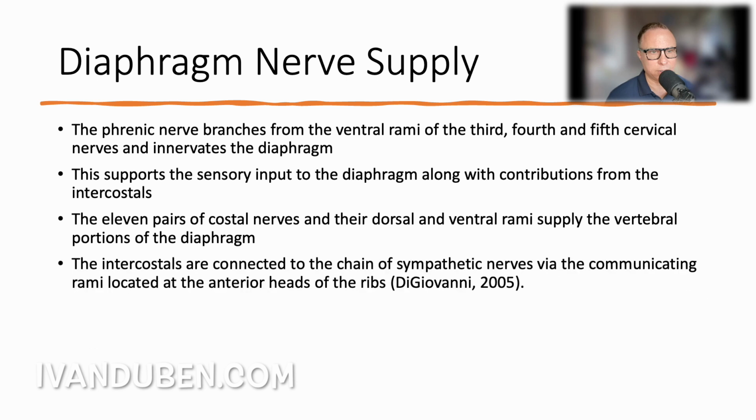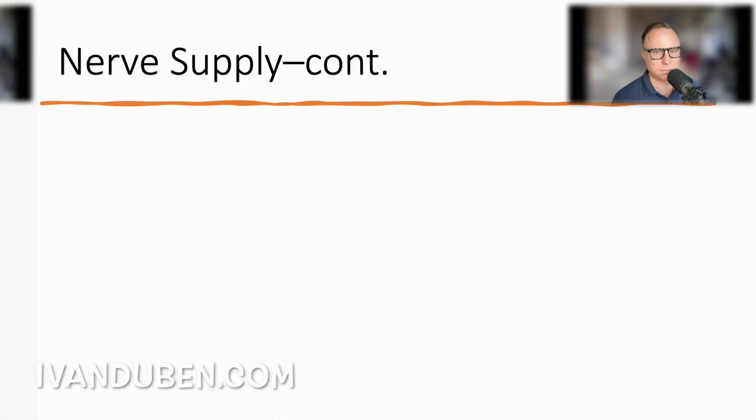The intercostals are connected to the chain of sympathetic nerves via the communicating rami located at the interior heads of the ribs. So we can begin to see how any dysfunction in the cervical spine or the ribs themselves will have an impact on the function of the diaphragm.